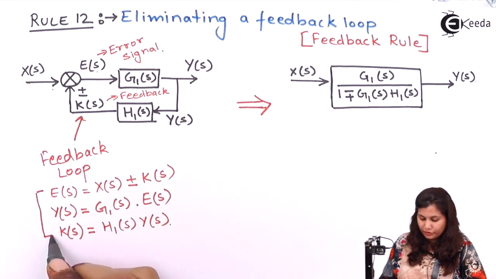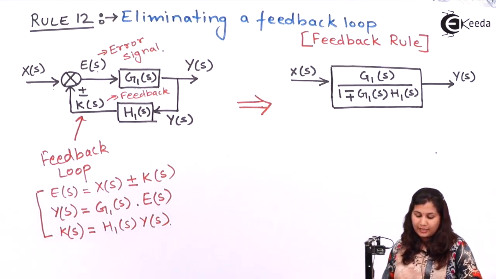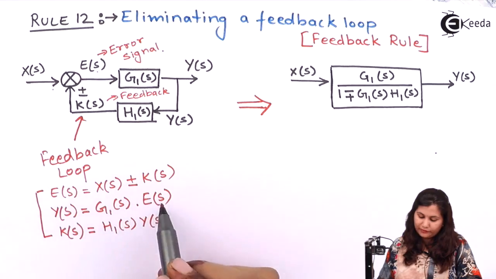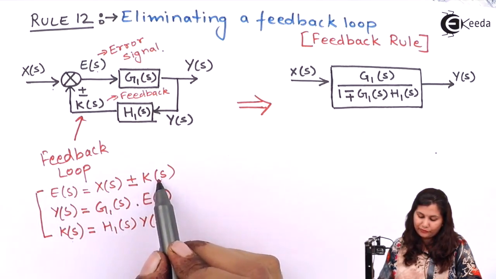So we have got three equations of Es, Ys and Ks. In the equation for Ys you put the value of Es, and in the equation of Es put the value of Ks.